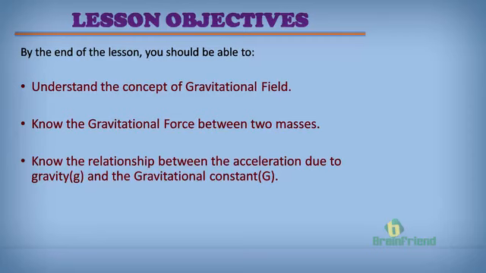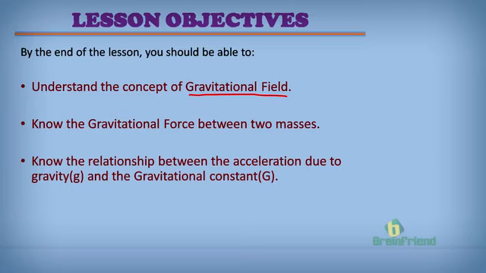First of all, we have to start by educating ourselves on the objectives of this topic. By the end of this class, we should be able to understand the concept of gravitational field. Don't forget, the topic is gravitational field. Also, we should be able to know the gravitational force between two masses.